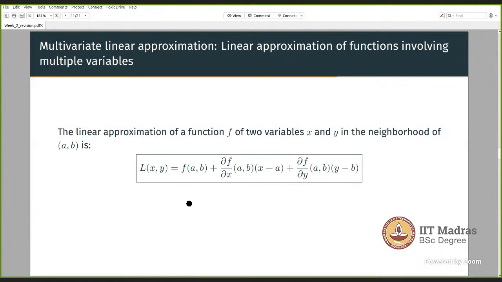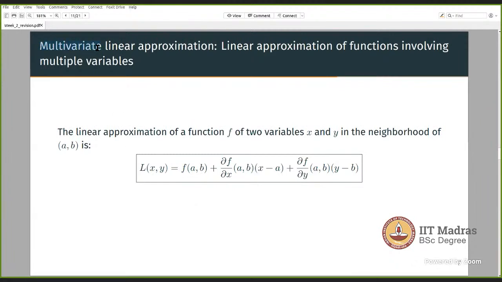Okay, so that was the approximations for a function of only one variable, that is a single variable function. In general, in any real life scenario, we come across functions of more than one variable, which are called multivariate functions.